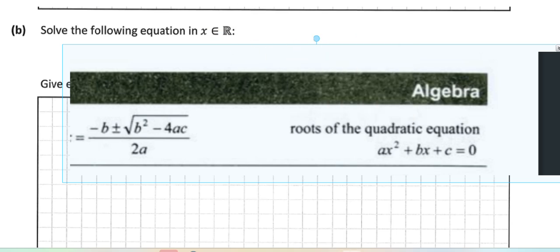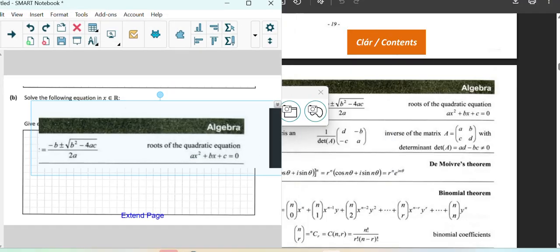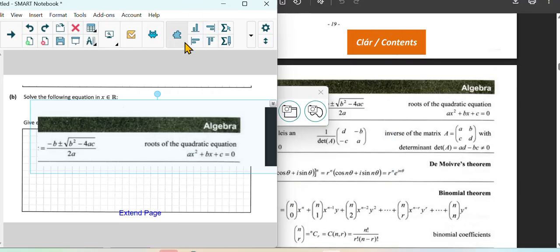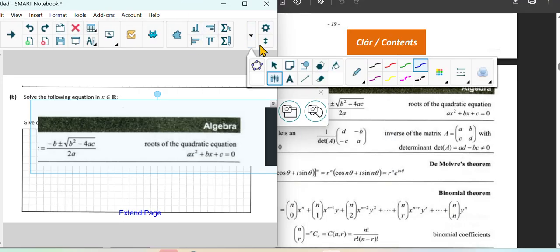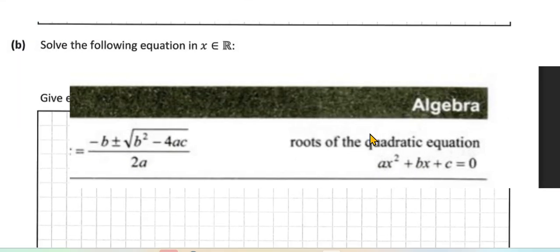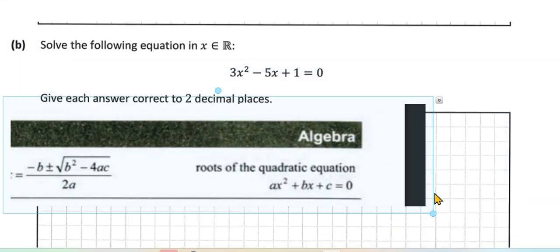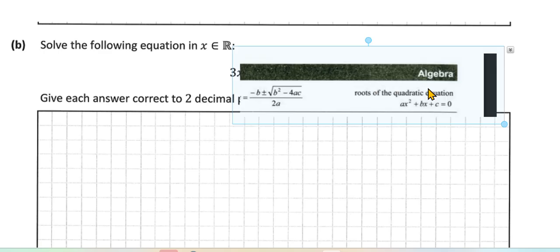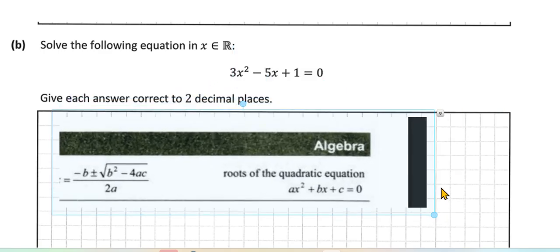Okay. Just have to click on the pointer. Where's the pointer gone? There it is. Okay. So I'm just going to move this slightly. Here it is here. Now, do you see the A value comes in front of the x squared? So what's the A value here, guys? The A value is what comes in front of the x squared.